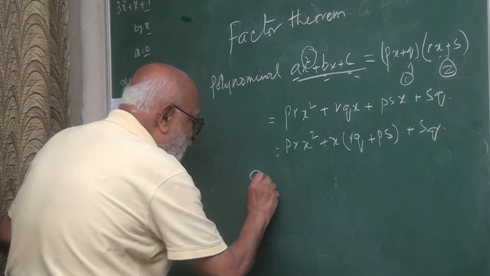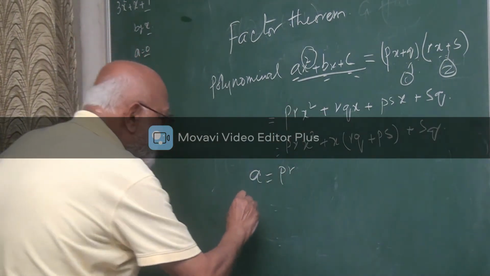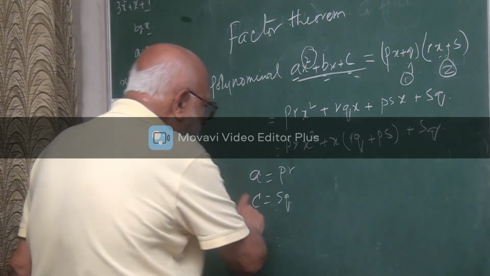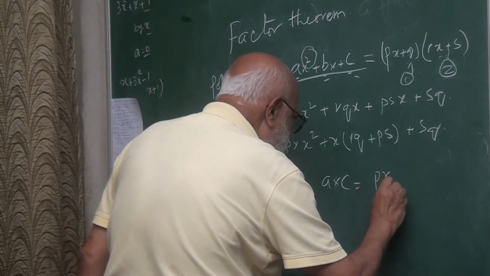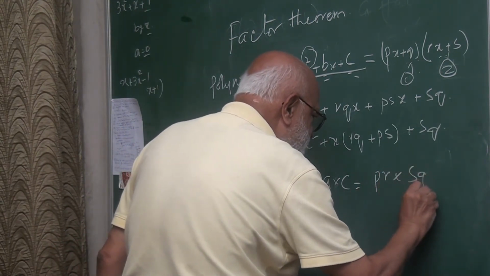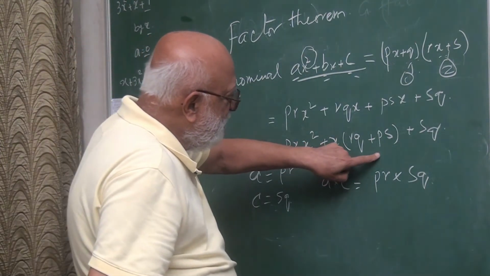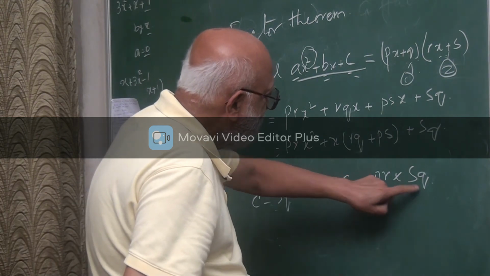A will be pr, and C will be sq. What is the multiplication of A into C? pr into sq. Okay, look here, these same two are here, ps and rq.